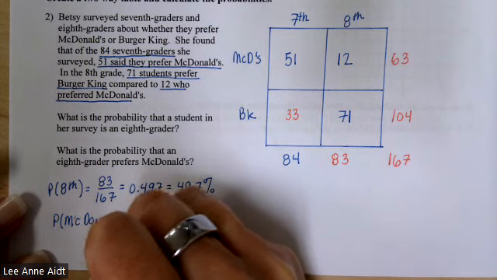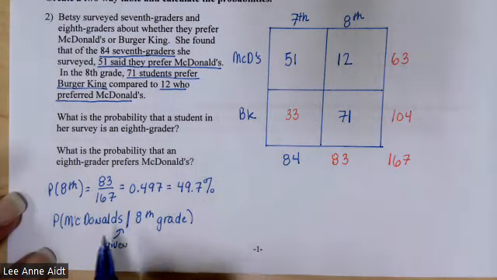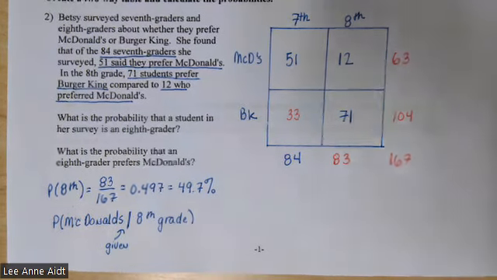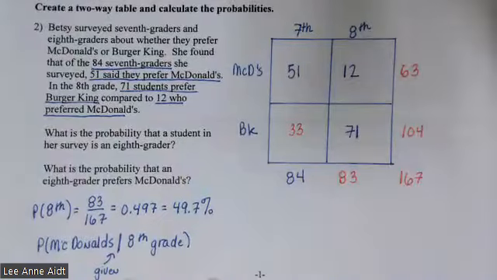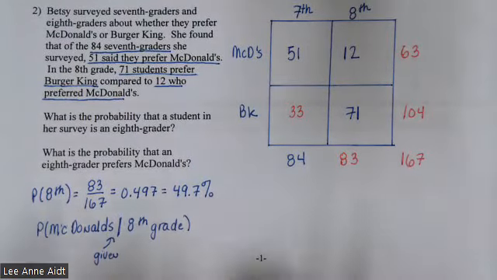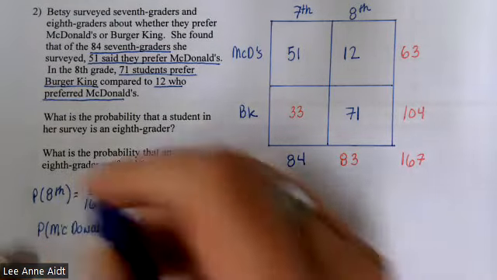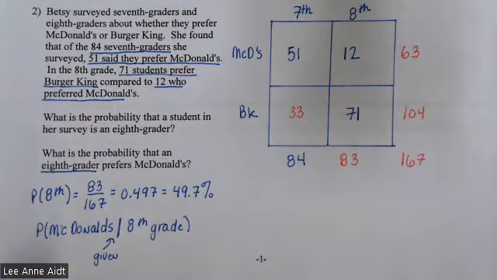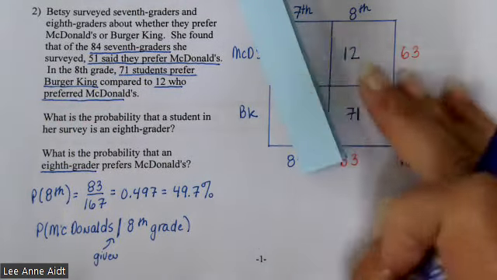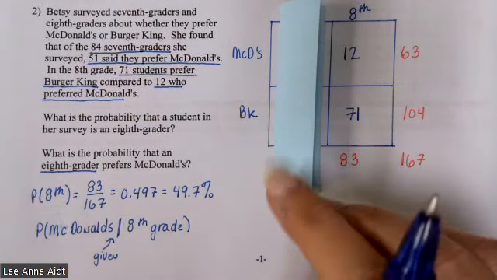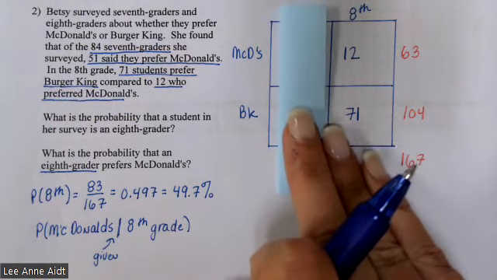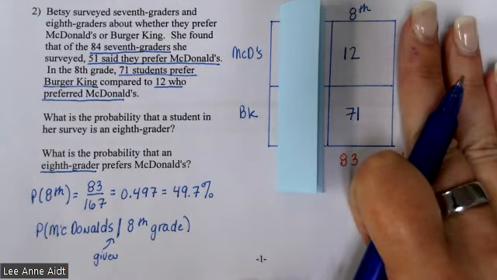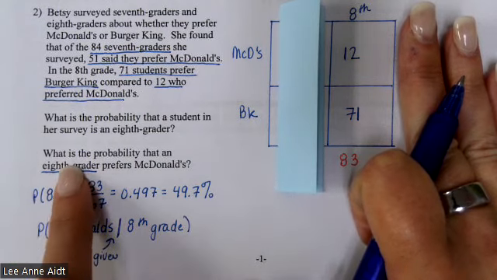Okay. This is not required for you guys. This is a bar right here. It's just a vertical bar that represents the word given. Use that in stats class. You guys don't need to use it. But what it's telling you is that it says an 8th grader prefers McDonald's. What you're supposed to do is only look at the 8th graders. So I'm going to get out my little post-it note guy. It's going in the trash right after this moment. Okay. So it's telling you only look at the 8th graders.